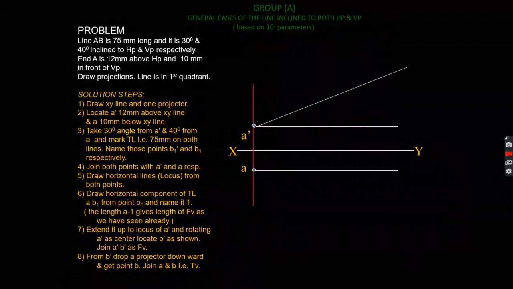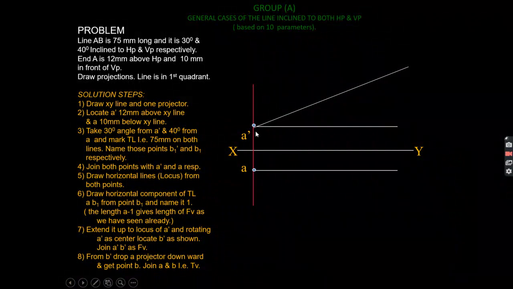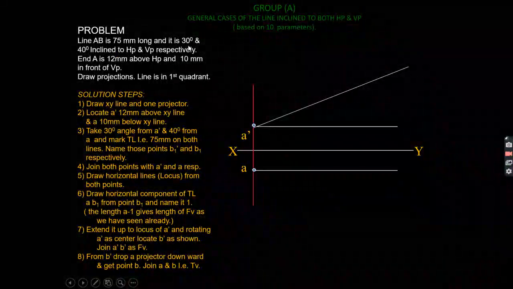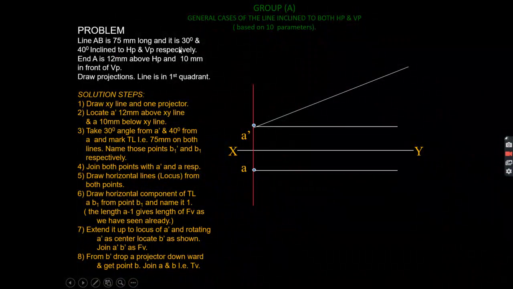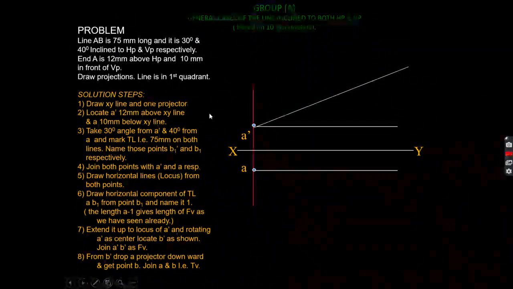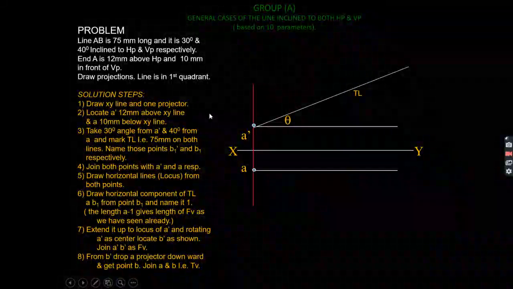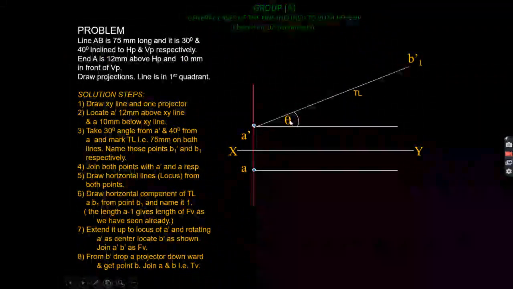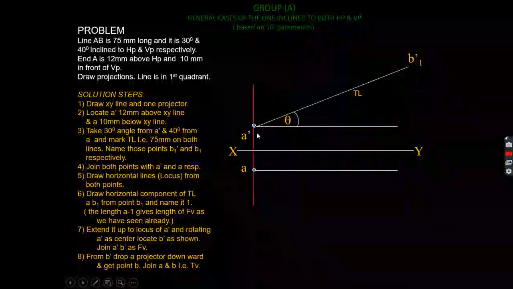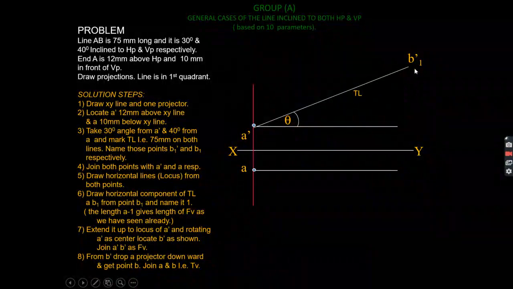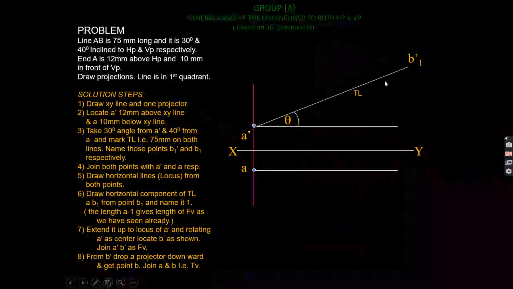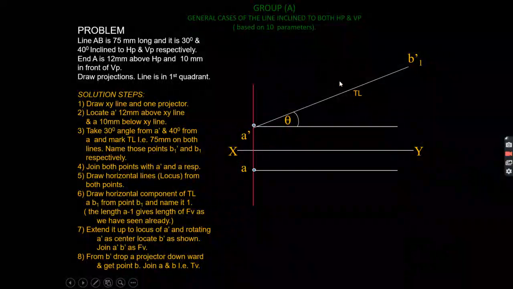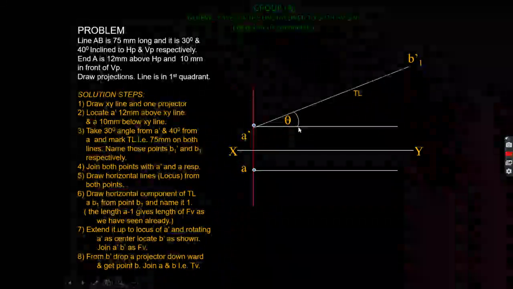Then I will draw the projection of line AB, considering that the line is only inclined to the horizontal plane. So this is your projection of the line, and this length is 75 mm, and you will get the point B1 dash. This angle is 30 degrees.